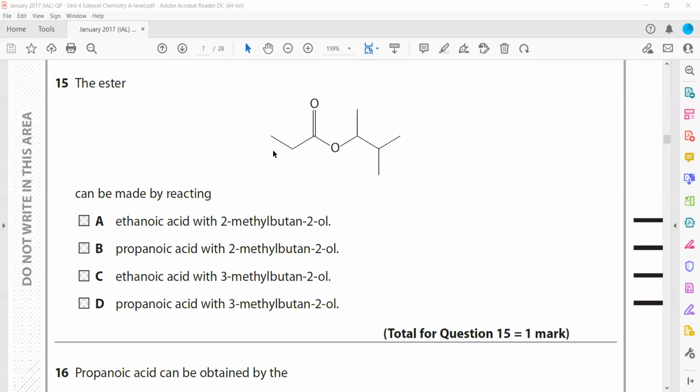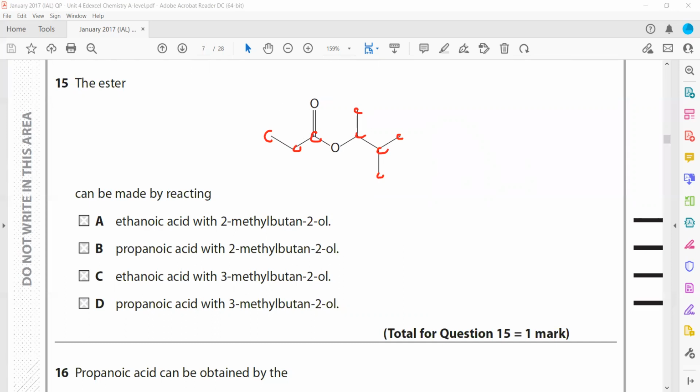The ester can be made by reacting which compounds? So how is this ester formed? This is C, C and C, and here this is C, C, C, C and C. An ester is formed when an alcohol reacts with a carboxylic acid.